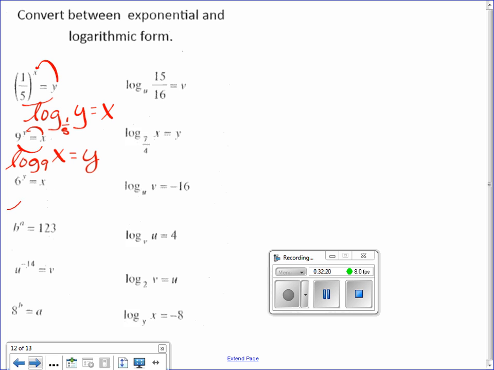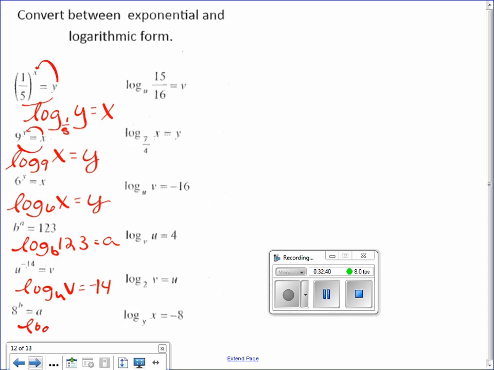So the next one, log base of equals y. Log base of 123 equals a. Log base of, is that a B? I'm standing so close it's like pixelated from where I'm at.